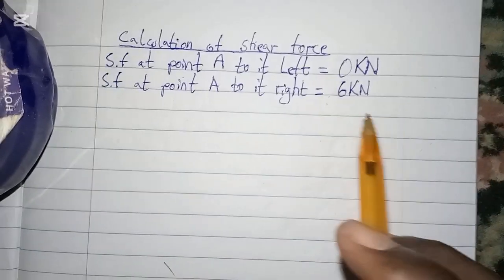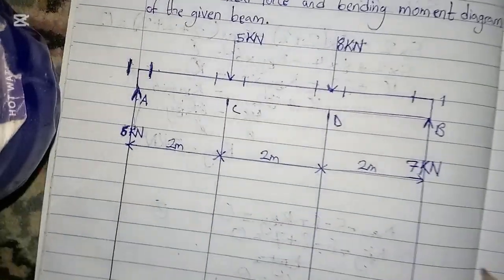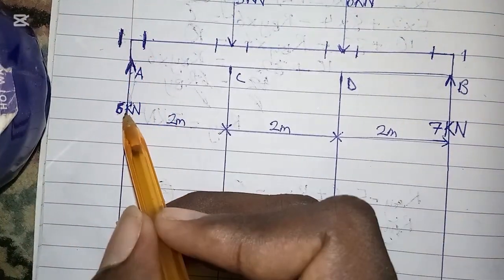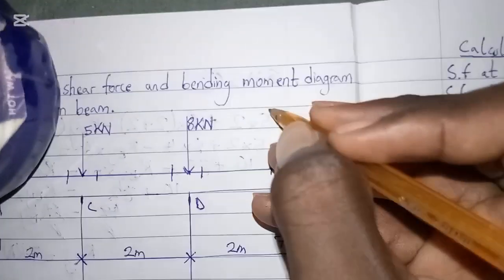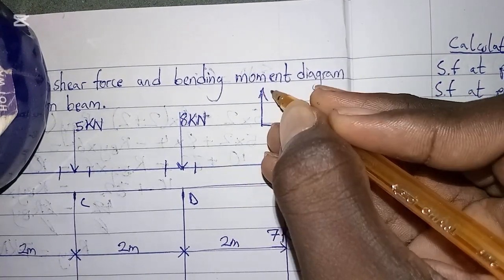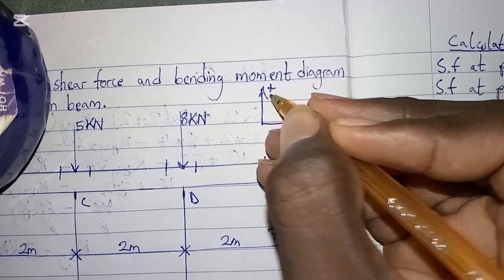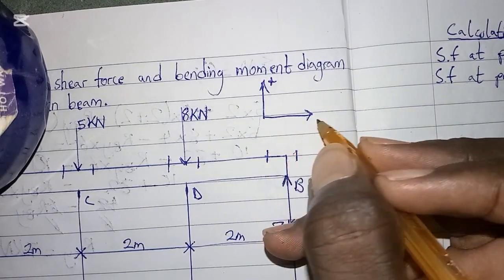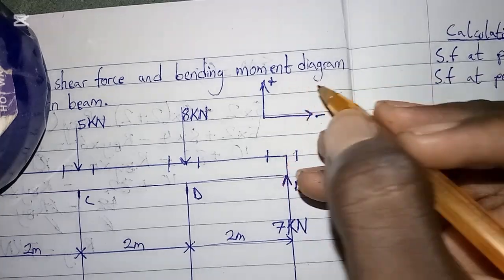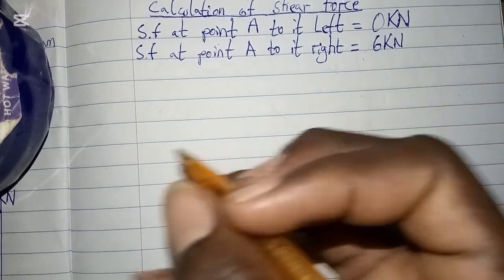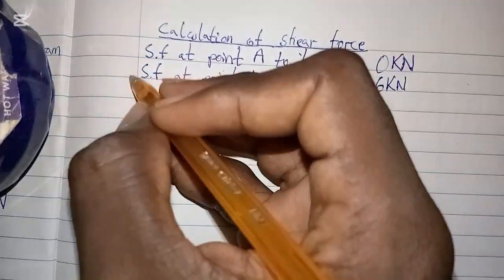It is 6 kilonewton because it is not negative: our sign convention says that when the force of reaction is going upwards, it's positive, right? So it's positive 6 kilonewton. So let's go to the next one.